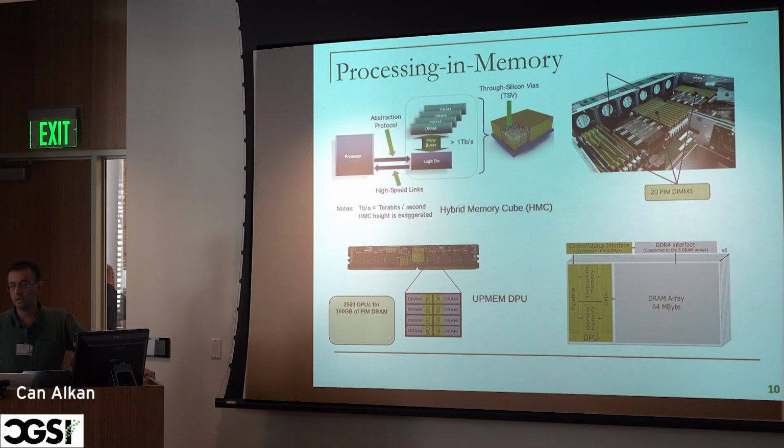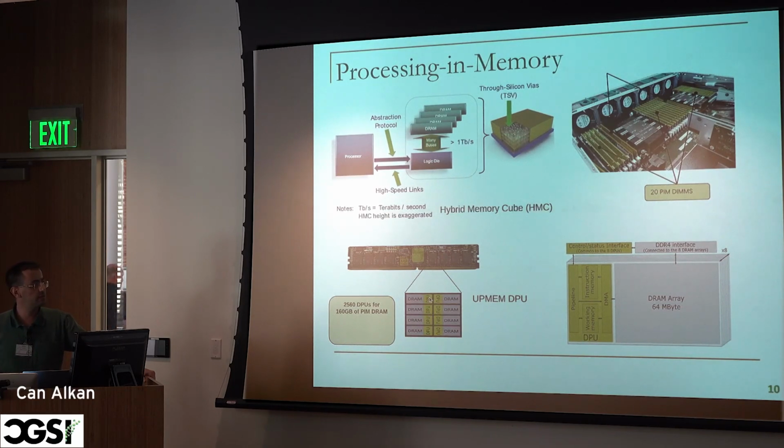Another technology that we are currently working with is from a French company called Upmem, and they have developed hardware called DPUs. Again, they are similar to the traditional RAM. We do have the DRAM chips, and right next to the DRAM chip there is a DPU.